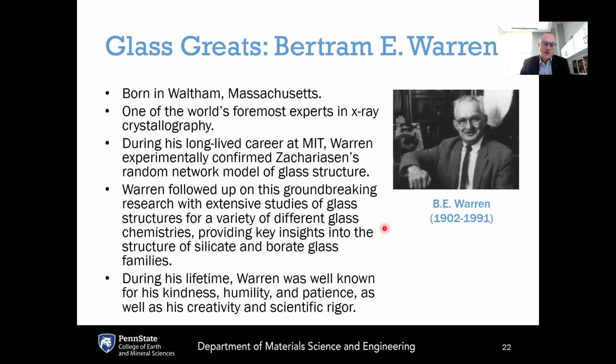He followed up on this groundbreaking research with extensive studies of glass structures for a variety of different chemistries, and provided a lot of key insights into the structure of both silicate and borate glass families. And we are still benefiting from his work today. During his lifetime, Warren was well known for his kindness, humility, patience, as well as his creativity and scientific rigor.